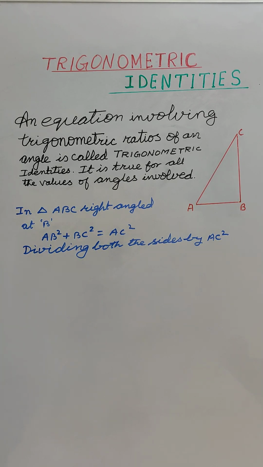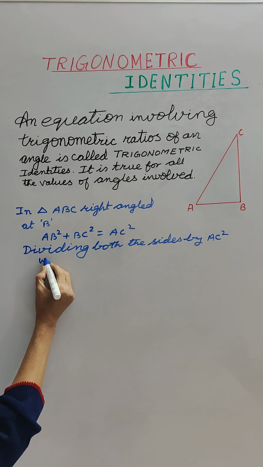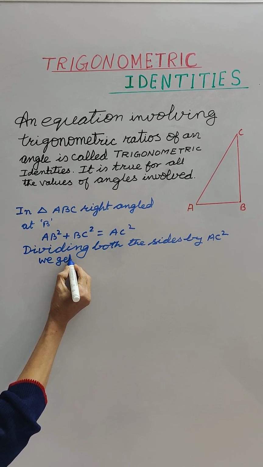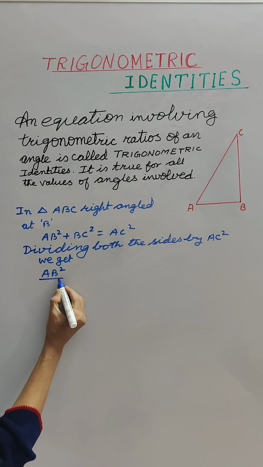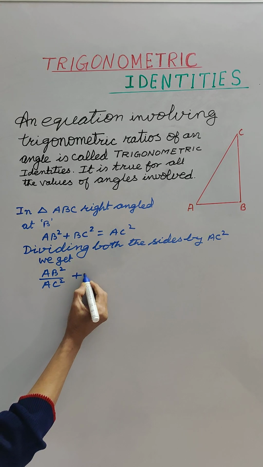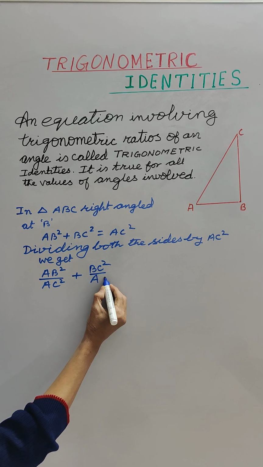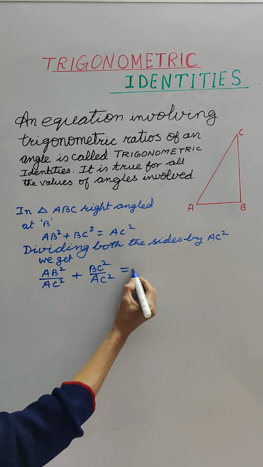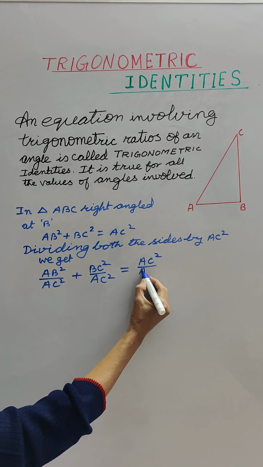So we get AB square upon AC square plus BC square upon AC square is equal to AC square upon AC square.